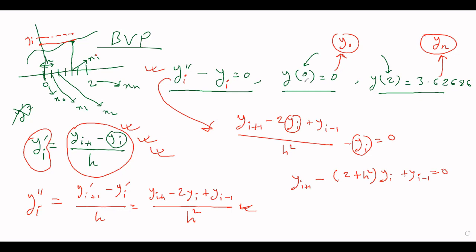Our interval is from 0 to 2. For the sake of simplicity, let's choose a large enough h, say h is 0.5. Let me rewrite the equation here: yi plus 1 minus (2 plus h squared) yi plus yi minus 1 equals 0.